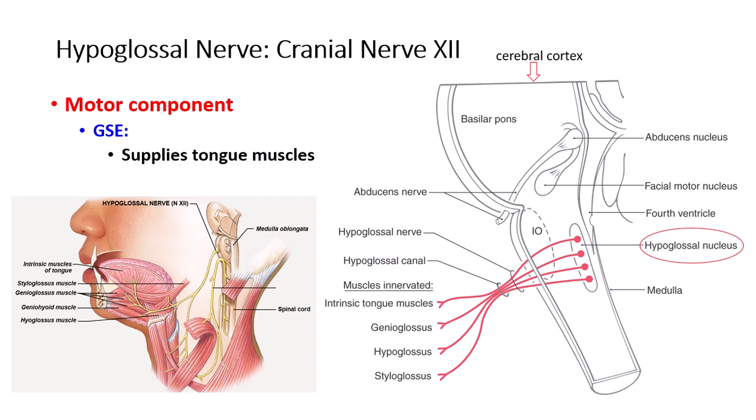The hypoglossal canal is located in the occipital bone, and then it goes and supplies the muscles of the tongue, which are these ones. The genioglossus muscle, which is this one, this is the genio of the mandible, and that is going toward the tongue.